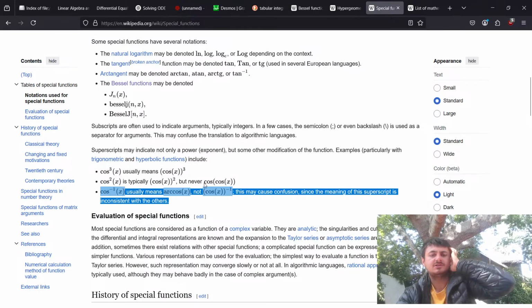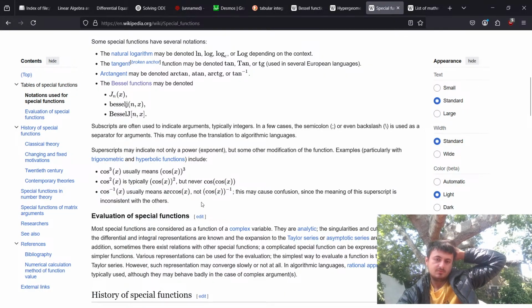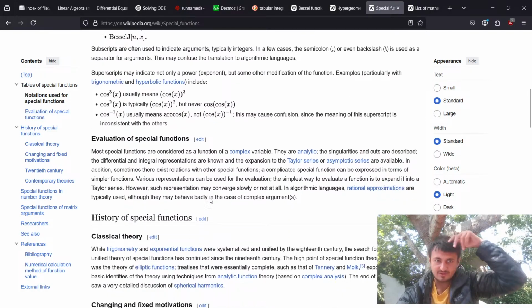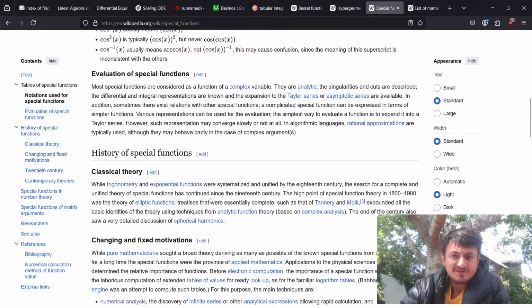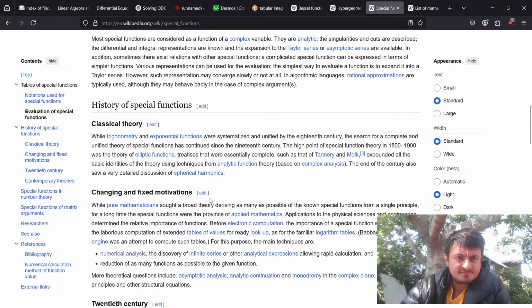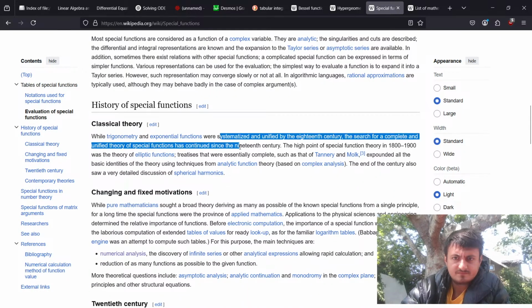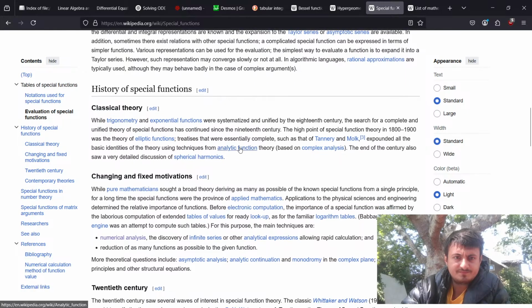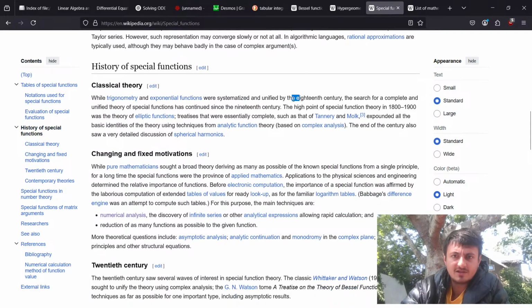Wow, what a terrible notation. If this means this, then this should not mean this. It should mean that. That's so stupid. Terrible notation. Whatever. Trig and exponentials were formalized and unified by the 18th century.